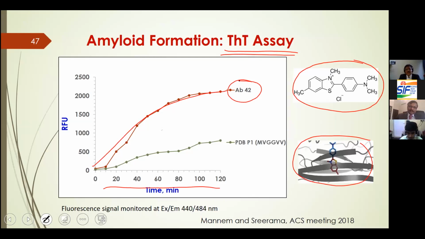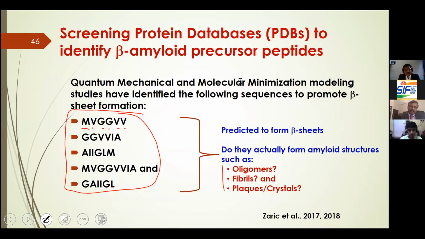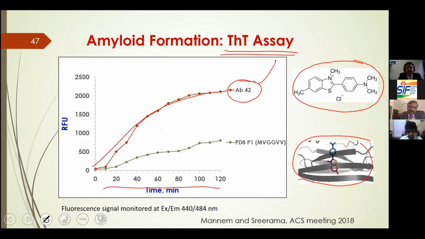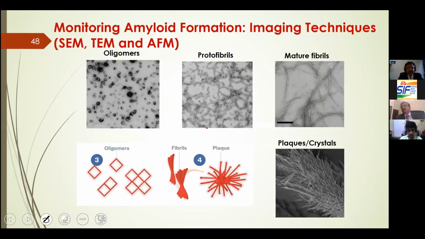And we asked, will these peptides that we have synthesized do the same thing? Not as good as A-beta-42, but it does show that it can bind. But there are some which don't bind at all. So we had an idea of how we can do this. Then the question is, is there a better way to do this?